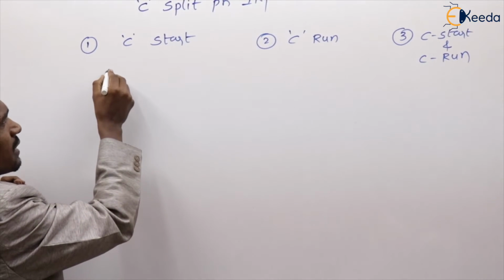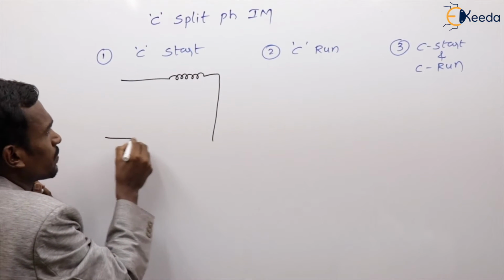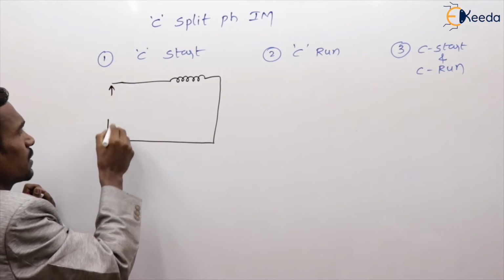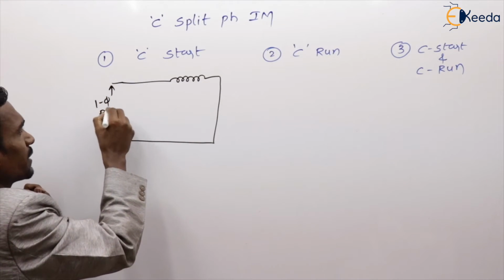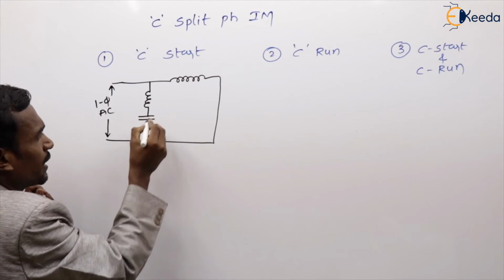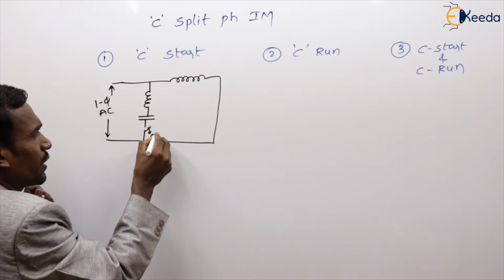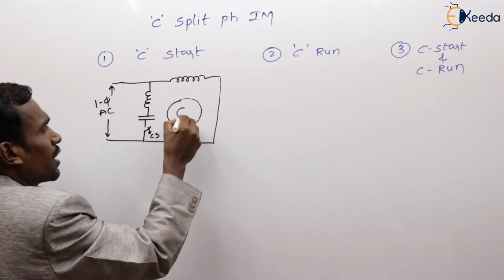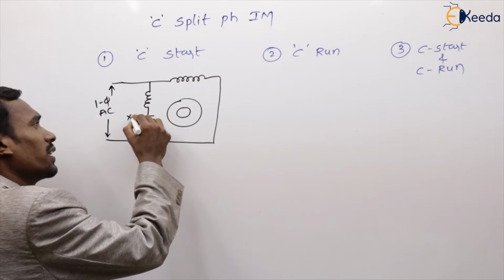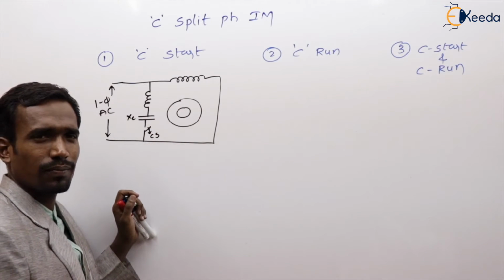In this, see once the diagrams. Here single phase AC supply, and here the auxiliary winding and the capacitor and the centrifugal switch and my rotor. This is the capacitor added. This is Capacitor-Start induction motor.